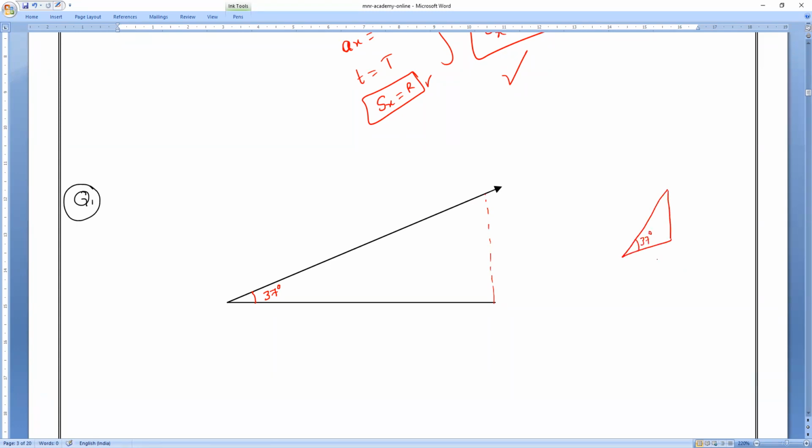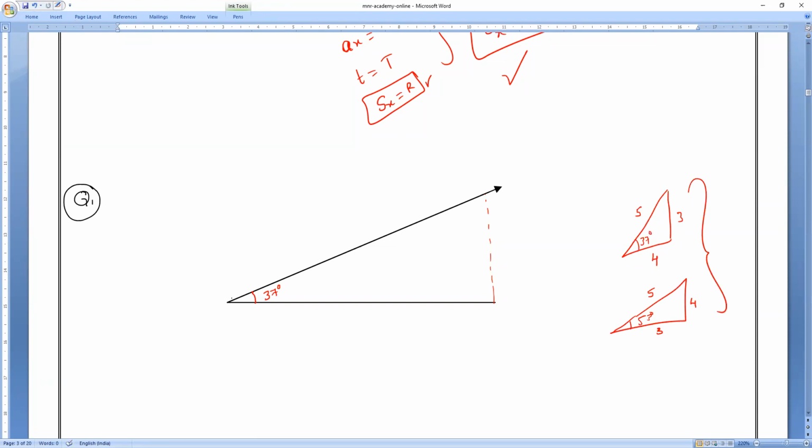Here 4, here 3, here 5. And if I draw the same triangle for 53, here 3, here 4, opposite here 5. Remember the famous triangles. I hope you are all very familiar with these two triangles. Am I correct? Sin and cos are fine.